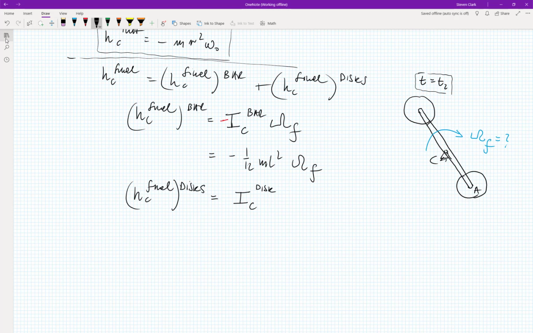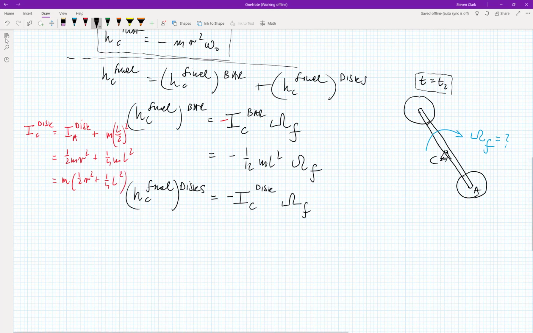So I can put in here omega final, negative. Parallel axis theorem: IC of the disk is equal to IA of the disk plus m l half squared. So this will be equal to 1/2 m r squared plus 1/4 m l squared, and this is equal to m times 1/2 r squared plus 1/4 l squared.